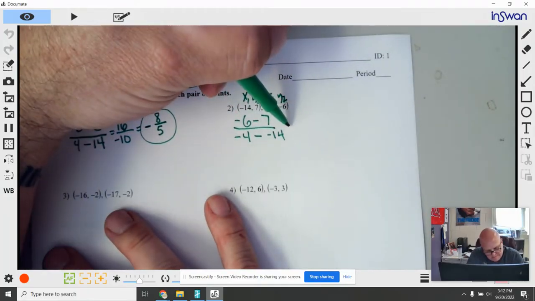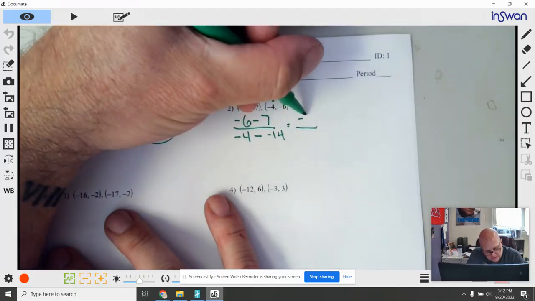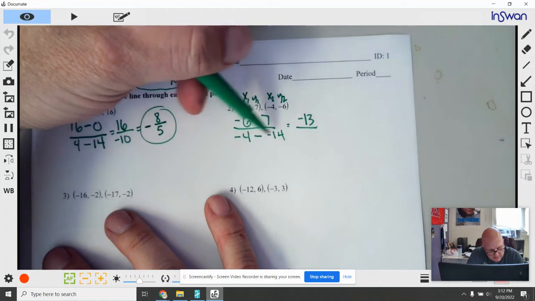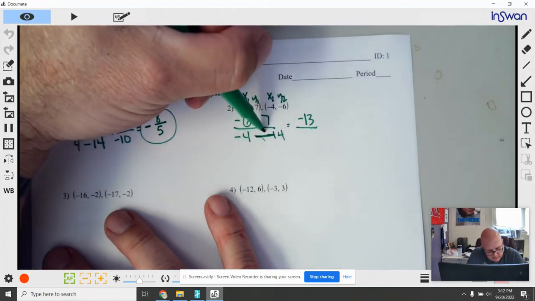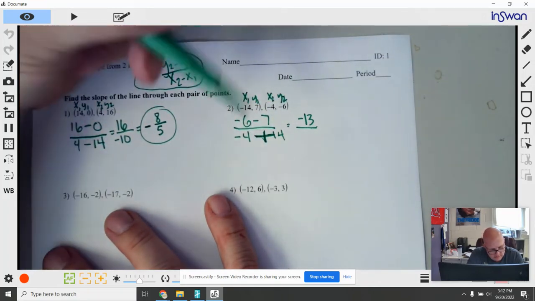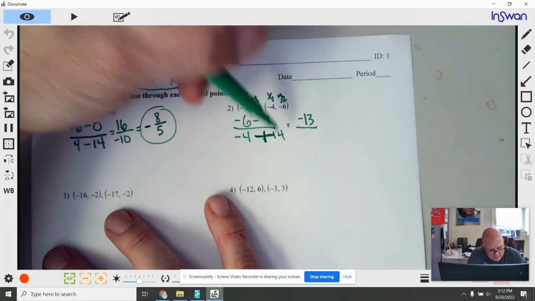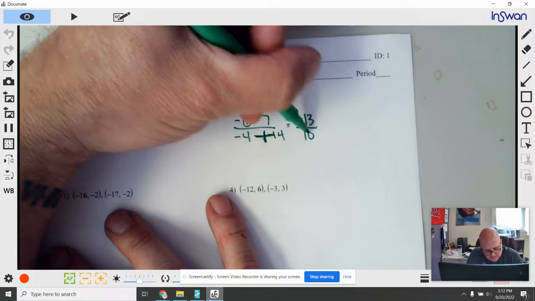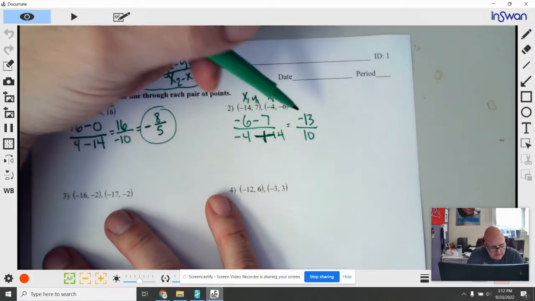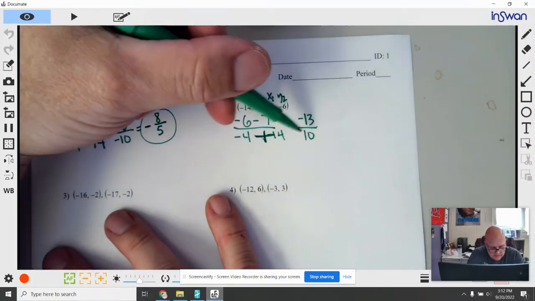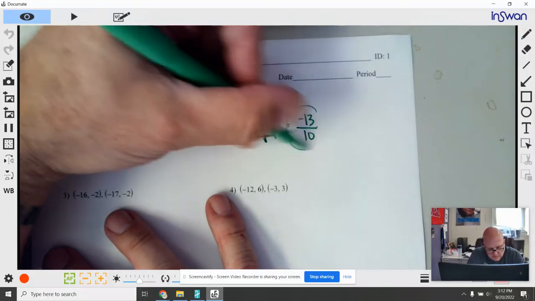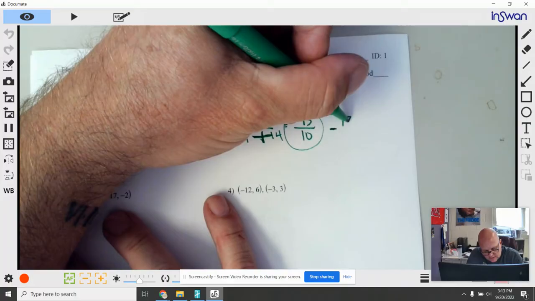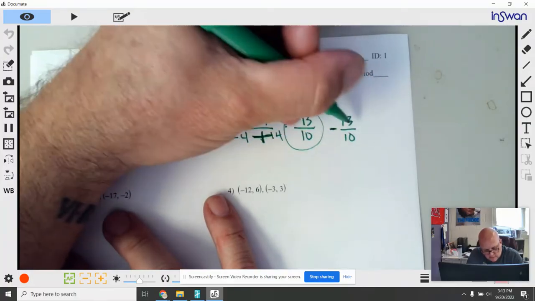Negative 6 minus 7, that's negative 13. And then down below, I see I've got a double negative going on. When you see that, you want to make that one big plus sign, or maybe two tiny plus signs. Either way, negative 4 plus 14 gives you 10. Check it out. Does it reduce? In this case, it does not, so we just leave it. Negative 13 tenths, or the same thing as writing negative 13 over 10.